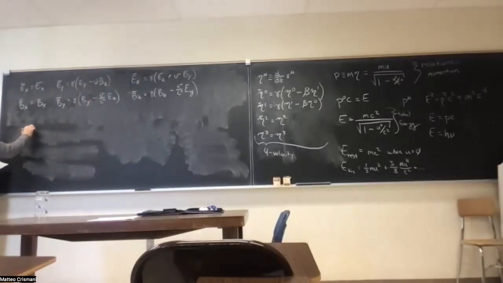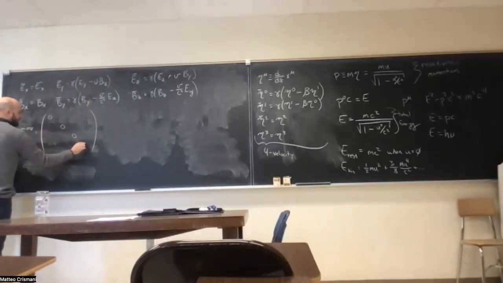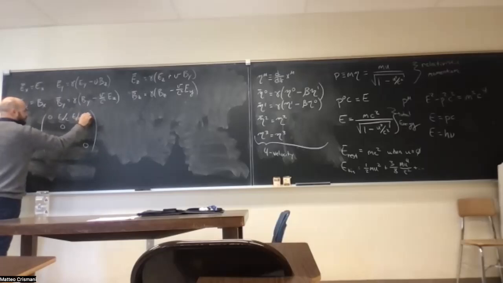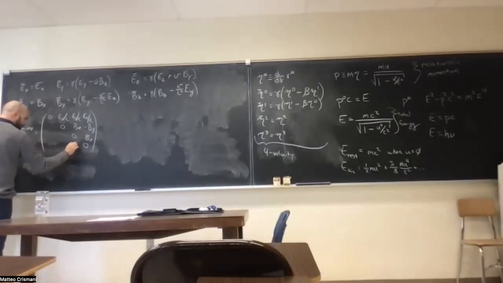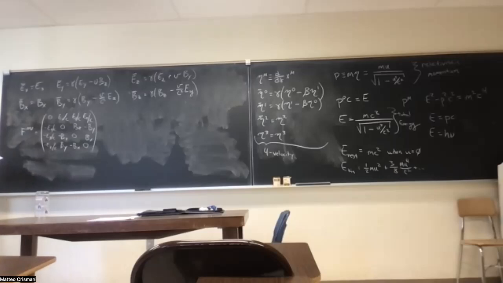F U naught B is a 4 array. 0, 0, 0, 0. So that's one of them.